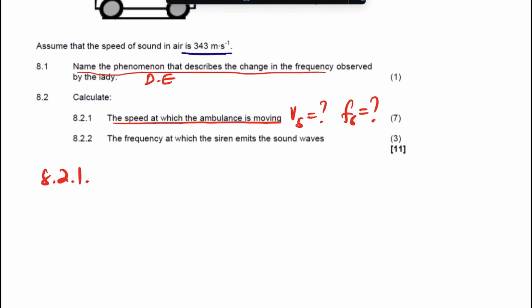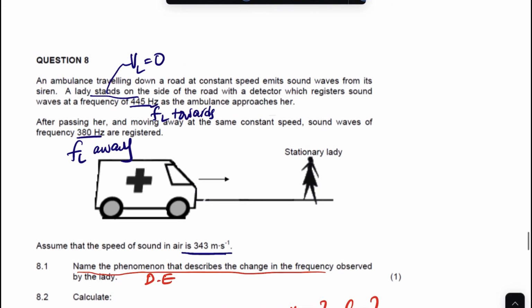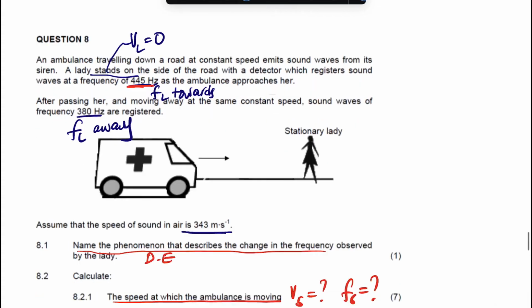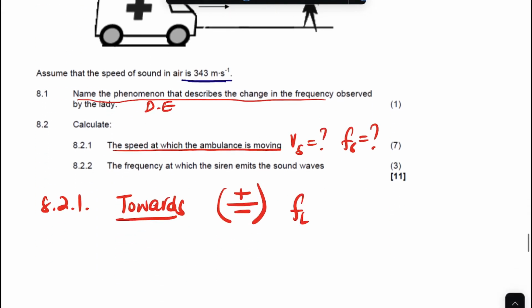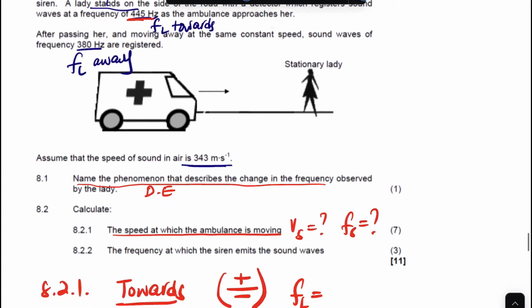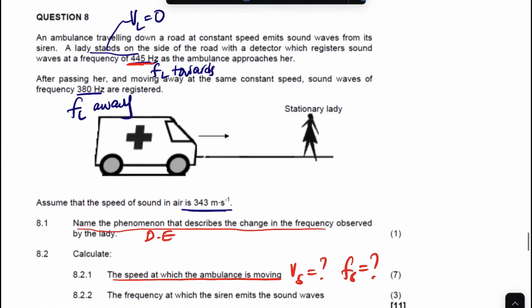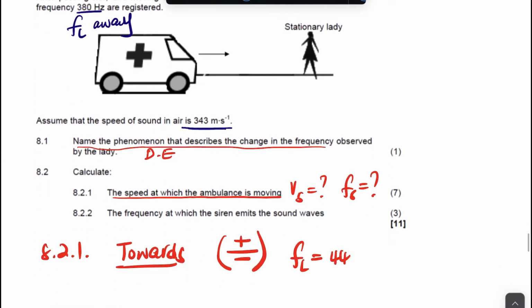For 8.2.1, I'm going to create an equation for towards. We know, guys, when we talk about towards, it's plus on top and minus at the bottom. While it's moving towards, the frequency of the listener is 445 hertz as it approaches.